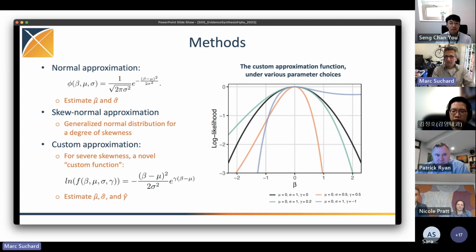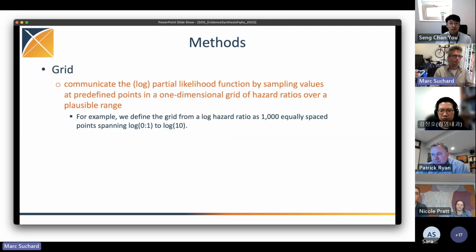And I was like, that's fine, but we could actually just evaluate the likelihood at a number of different grid points and not have to rely on any careful thinking on what the function might look like. We'll just let the data tell us what it is. And then we can compare how well we perform.